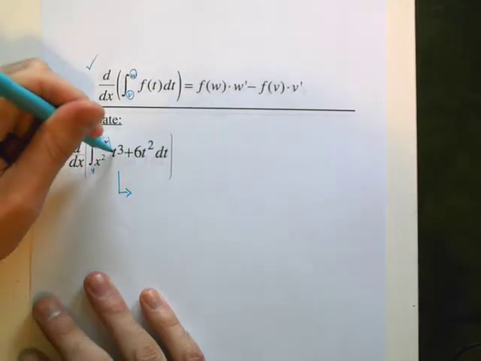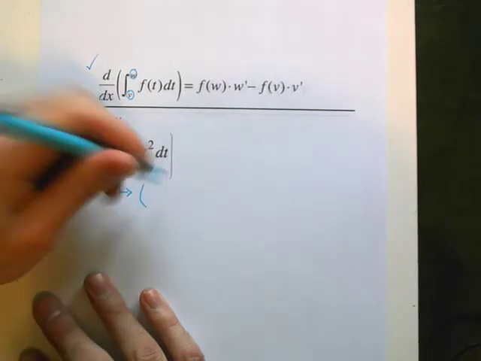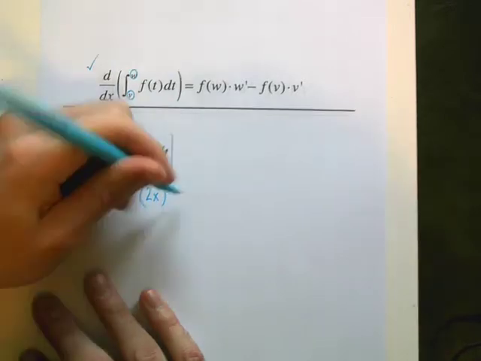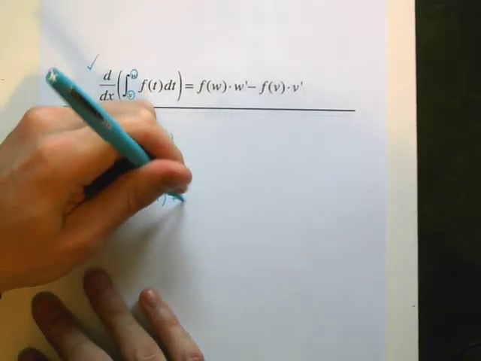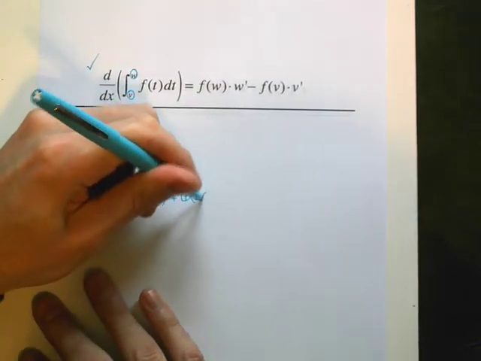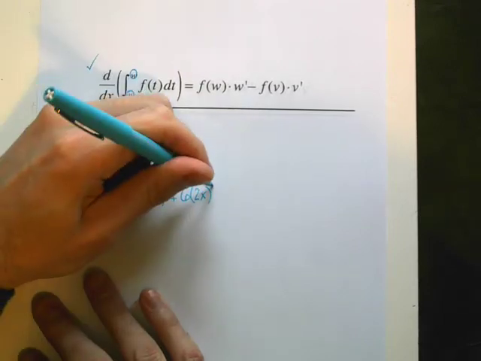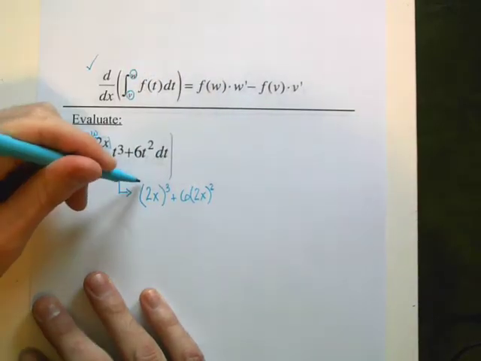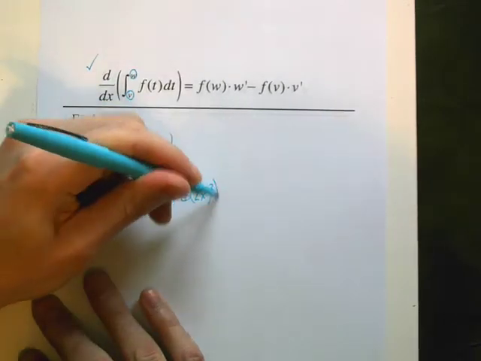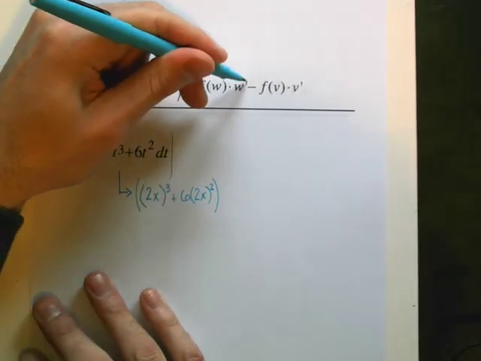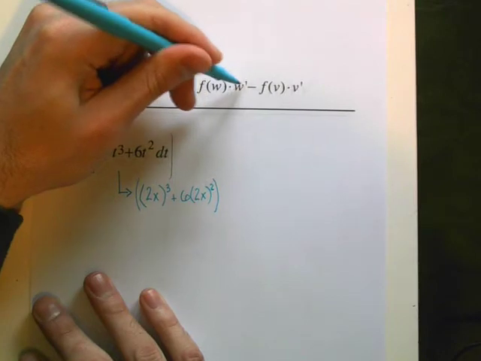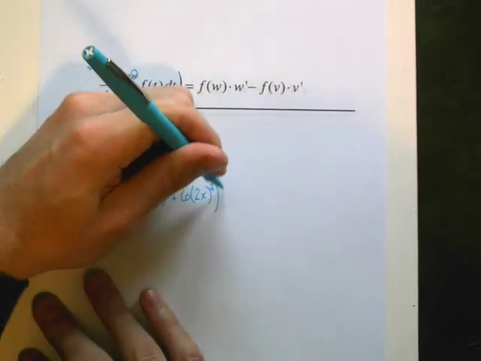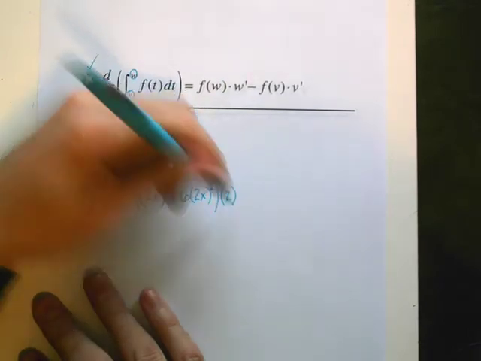Instead of t to the third, I would write 2x to the third plus 6 times 2x squared. That's my f of w, times w prime, which is the derivative. W prime means the derivative of your upper limit. So the derivative of 2x is just 2.